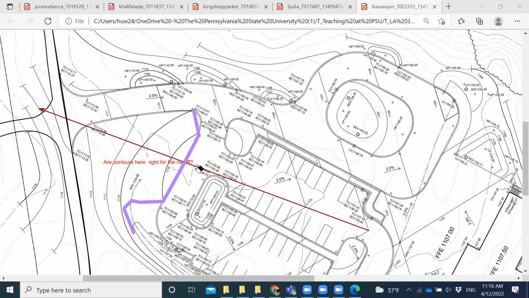Erase that one, that one, that one. And this, that. This will go like that. If we want to, we can put our high point somewhere here. Yeah, that's our high point.